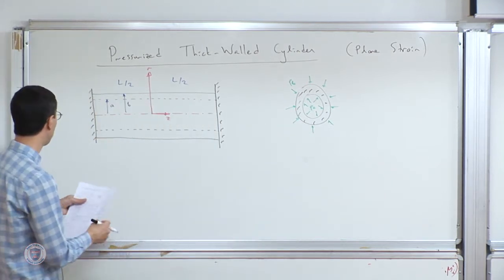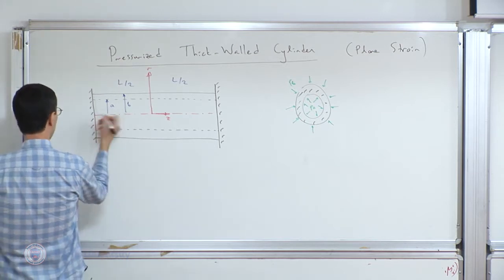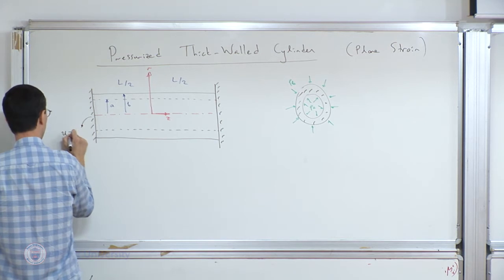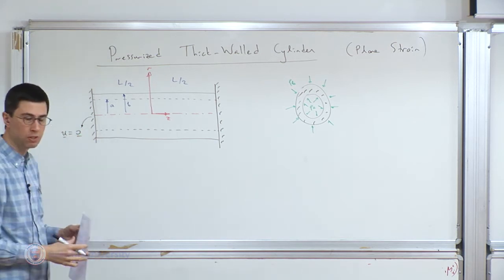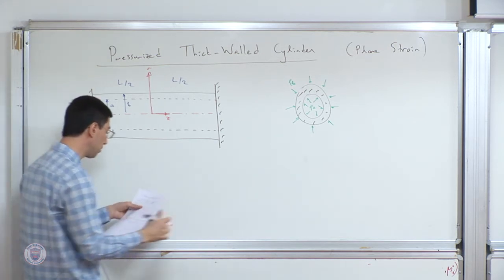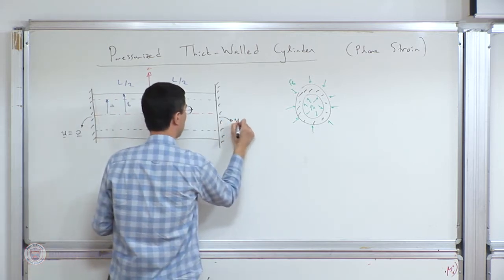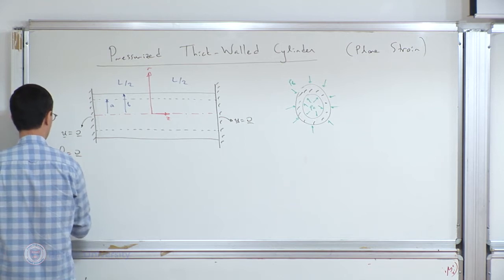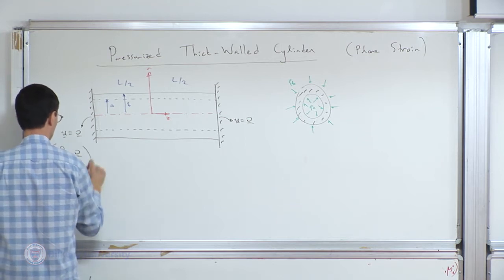A few other conditions, by now we are familiar with them. So at these supports, usually we have, and in this case as well, U is equal to 0. So the displacement is completely constrained. And at the right-hand side as well, U is equal to 0. We have no body force. We have no acceleration.